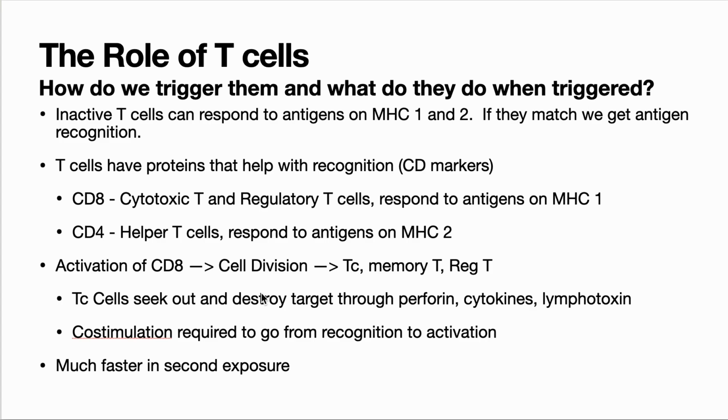Another thing is something called co-stimulation. This is a process that we don't get super into detail on, but I want you to know about it, because co-stimulation is necessary to go from recognition of the antigen to actual activation of the T cells.